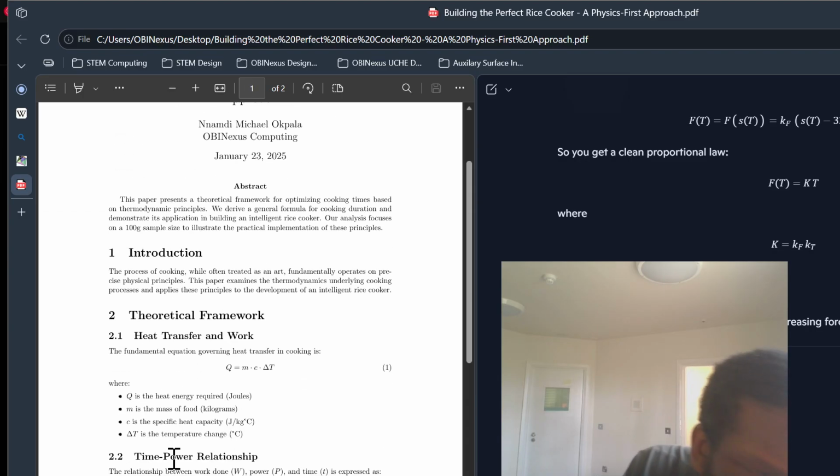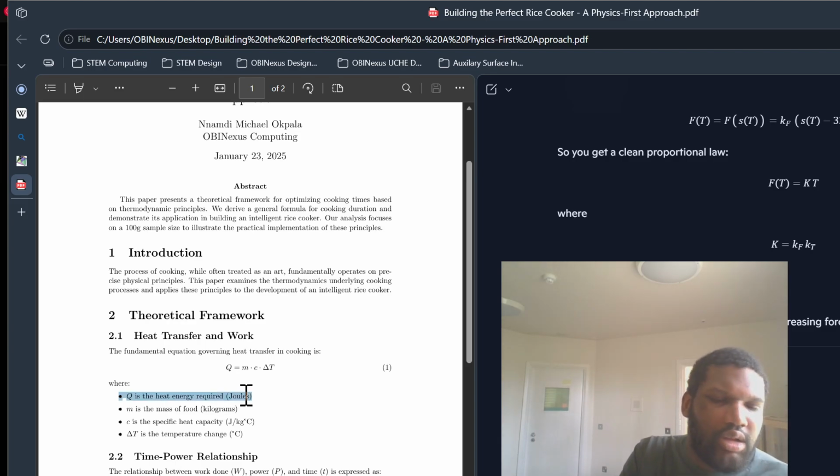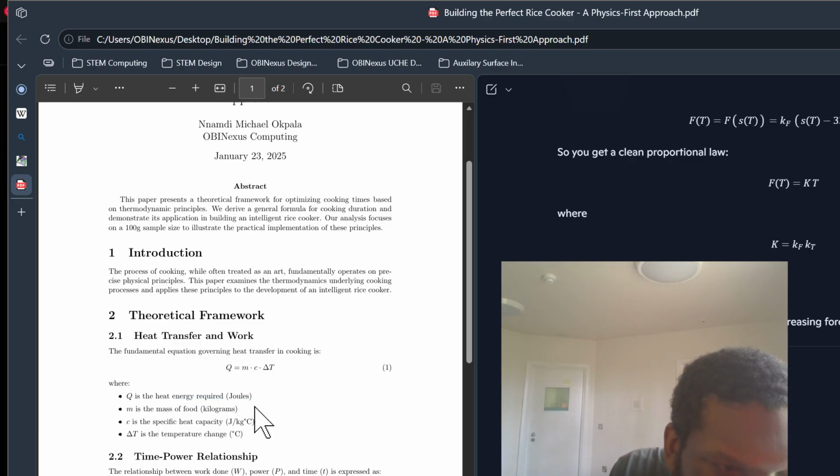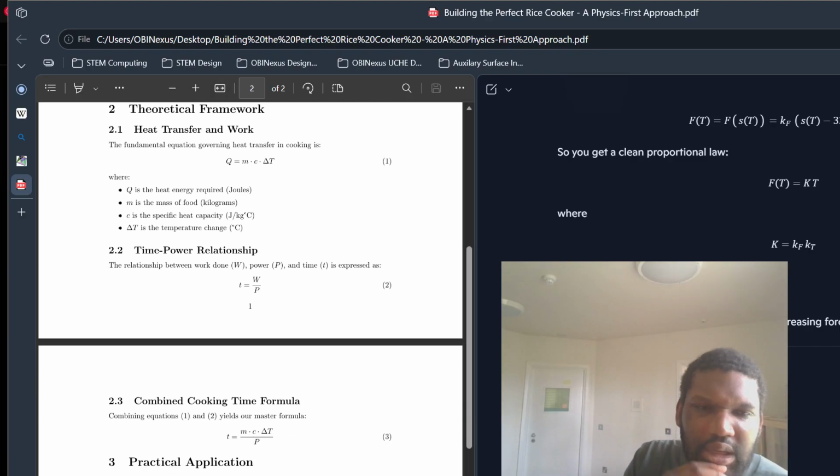So this heat is measured in joules, the mass in kilograms. So don't change. Time equals work divided by power.